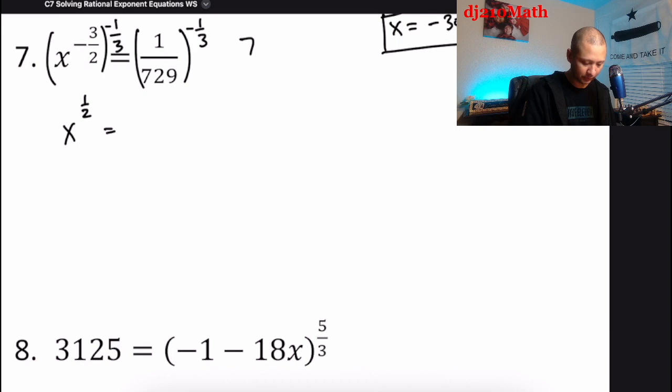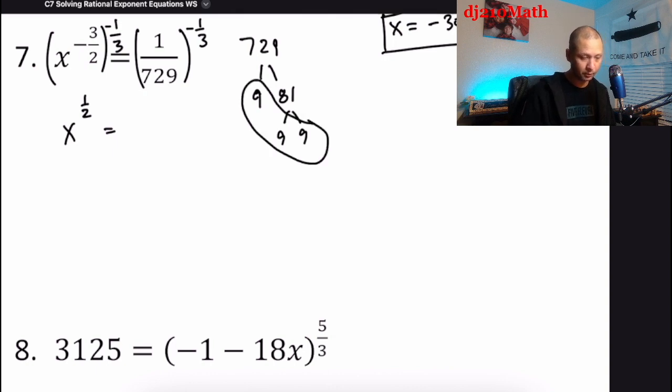729. If we use 9, could I use 3? I could use 3, but I'm nice, so let's use 9. So 9 is going to go into 72, 8, and 1, and then 9 and 9. So cubed root means I need to pull out a group of 3, so 3 9s.